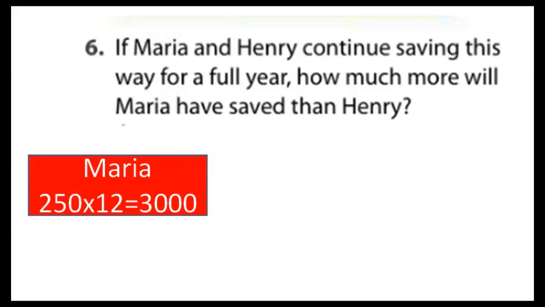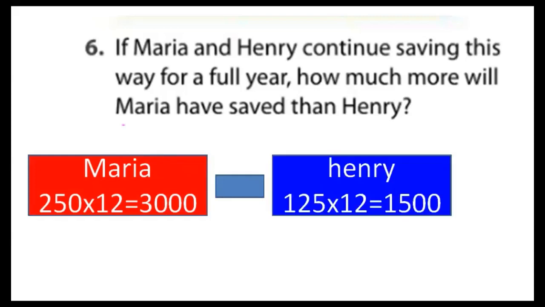Okay? This $3,000 will be compared with the saving of her brother, Henry. Henry will save 125 multiplied by 12, to get $1,500 by the end of the year. So can I subtract the smallest amount from the biggest one and get the answer?